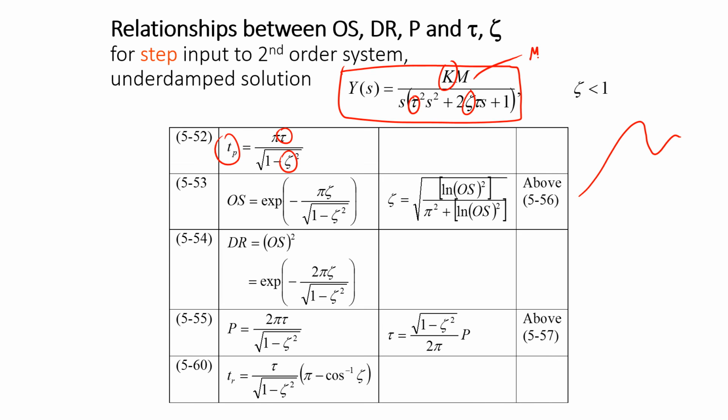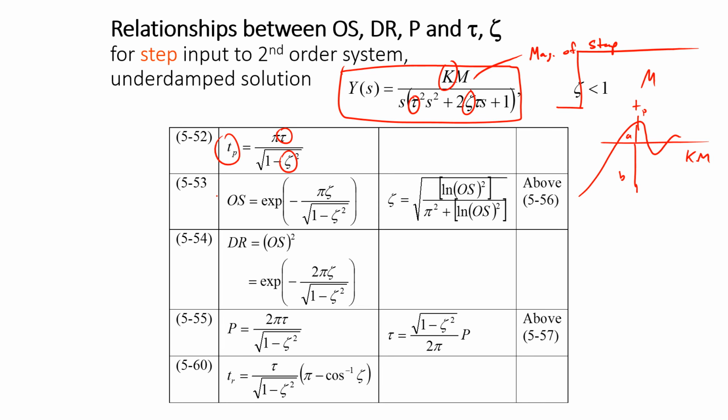M is the magnitude of the step that we gave it, and then this is going to be the response. Okay, so we have a step of m, and then it's going to settle out to k times m. But along the way, we're going to have our peak time, and then overshoot as well.